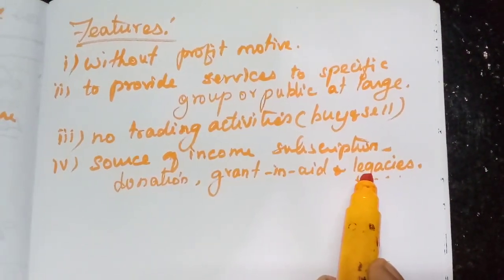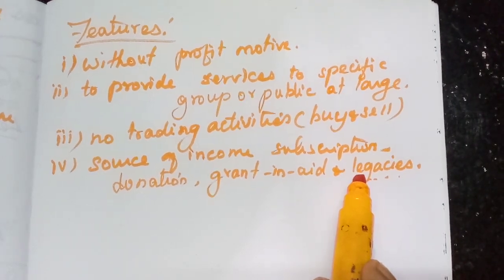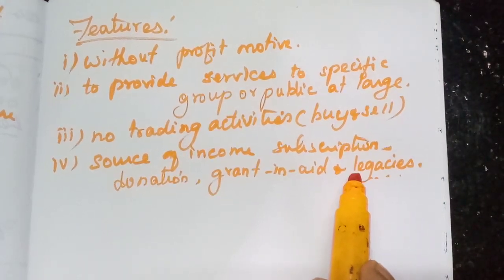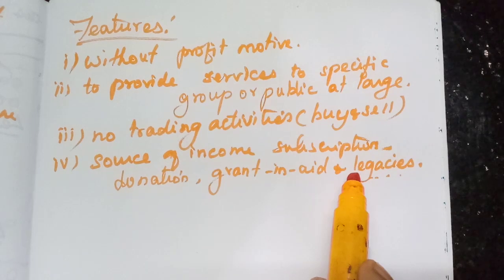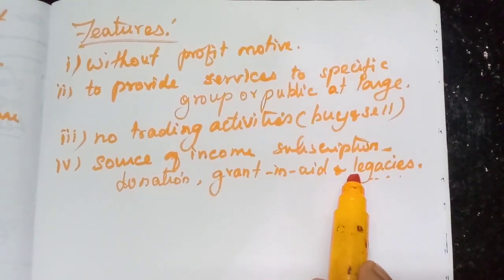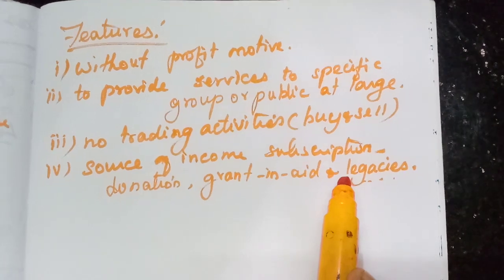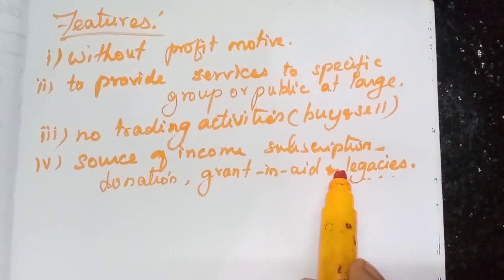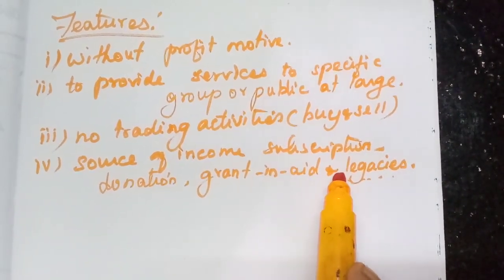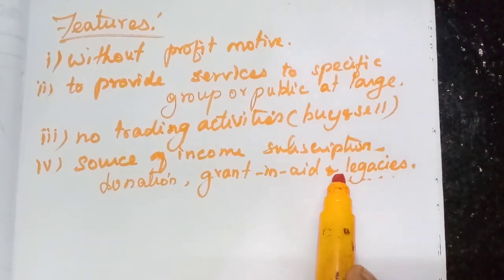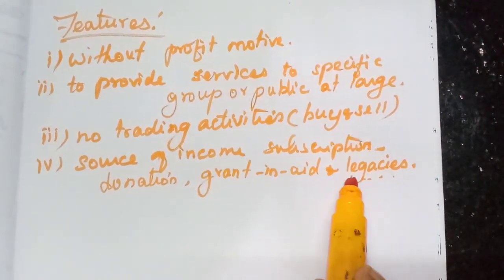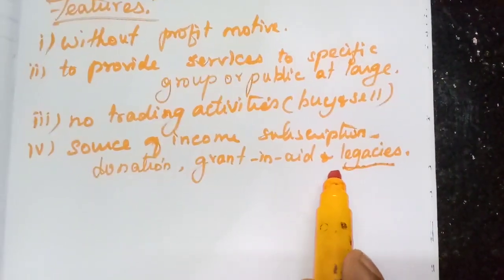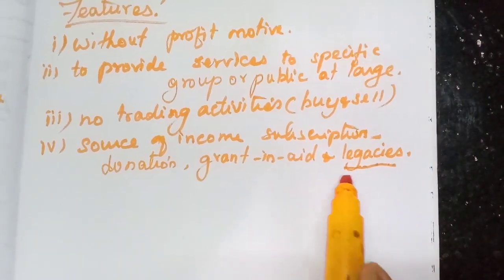That person may like to give all his property to the church or to the temple. He will write and give it as a legacy, free of cost. He will not get any amount from them. He may not sell it, but free of cost, he will write and give it. With his full will and wish, he will give that particular land or property, whatever he has, to that church. That is called legacies. A particular private person may give his property to that institution, the not-for-profit organization.